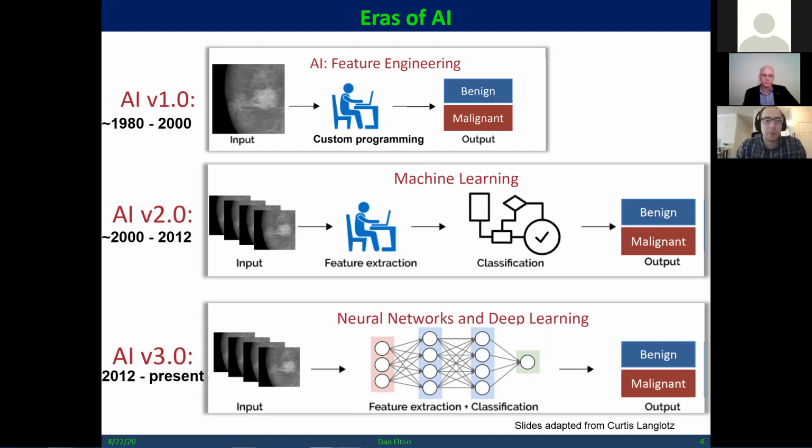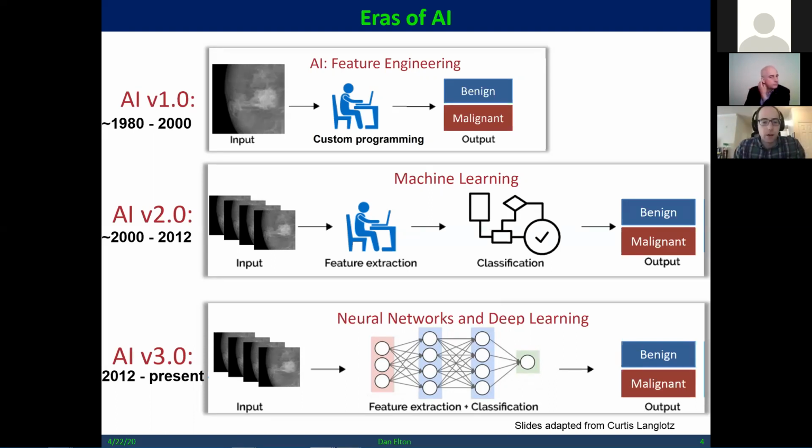This has really taken the need for custom feature engineering out. Really all you need to do deep learning is a large data set, and then you set up this deep neural network and it can learn from that data.